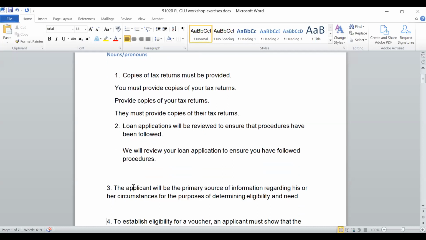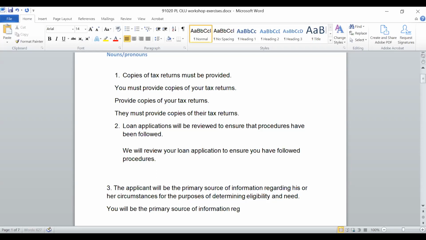Okay, this is another one, and this is about nouns and pronouns. And so instead of the applicant, let's make that you. You will be the primary source of information regarding, this is not a pronoun part, but I would change that to about your. And again, if I made that pronoun you, I have to make this your circumstances. And this is another tightening.